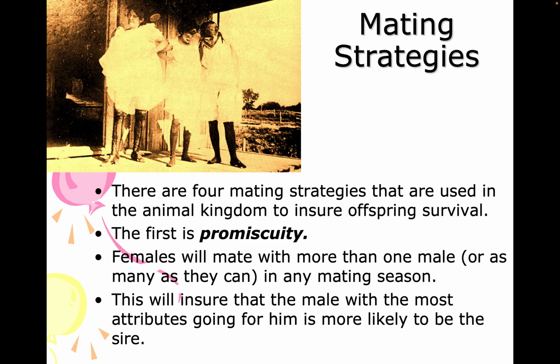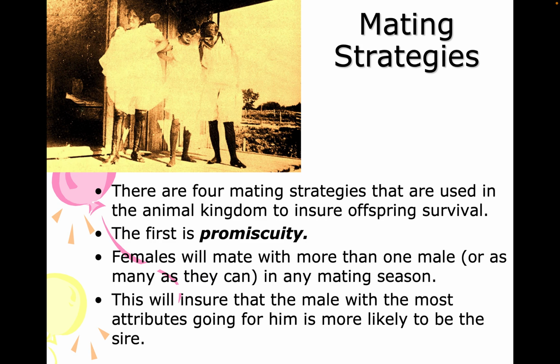It's time to breed, and she will have sex with a select male first, and then the other males in the tribe after that. This will ensure that the male with the most attributes going for him is more likely to be the sire.